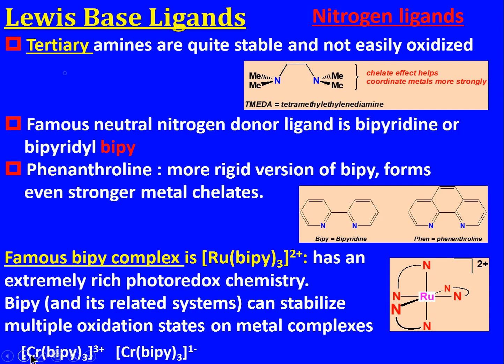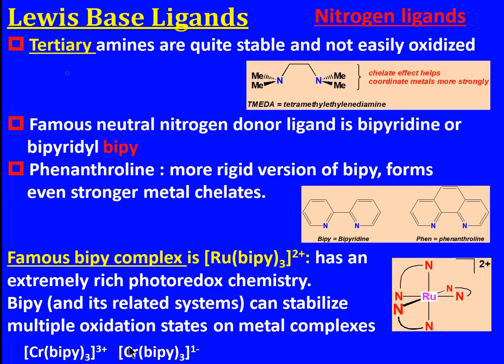For example, consider chromium tris(bipyridine) 3+ and chromium tris(bipyridine) 1-. Bipyridine can stabilize the oxidation state in these two complexes.